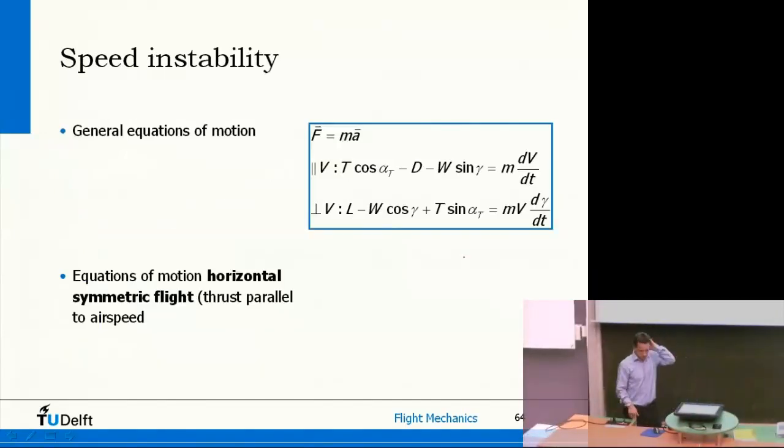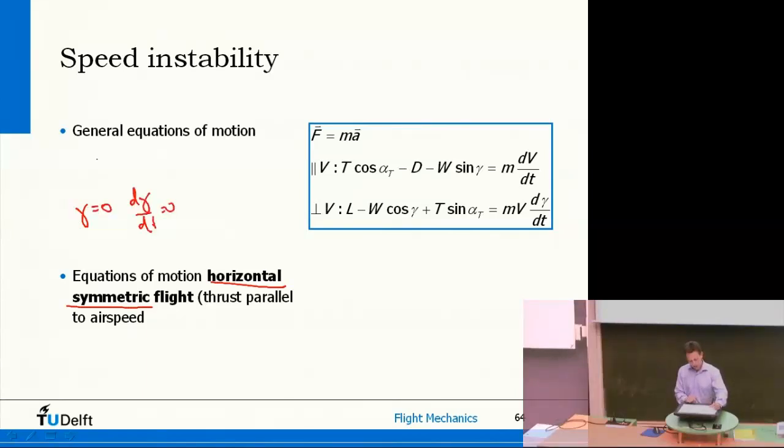Now, the equations of motion, of course you know them, but we're talking about horizontal symmetric flight. And since I'm talking about stability, maybe the airspeed is not constant. So horizontal just means the flight path angle is 0 and constant.